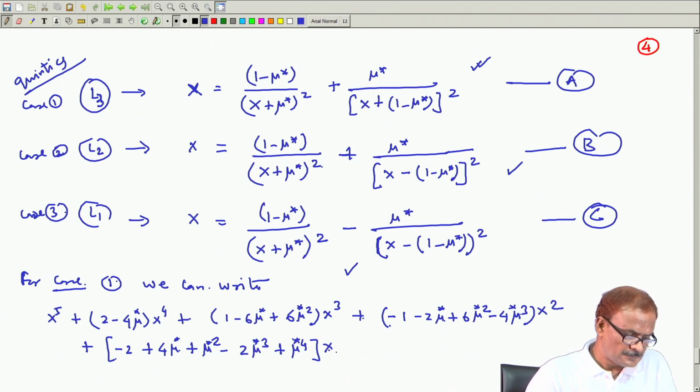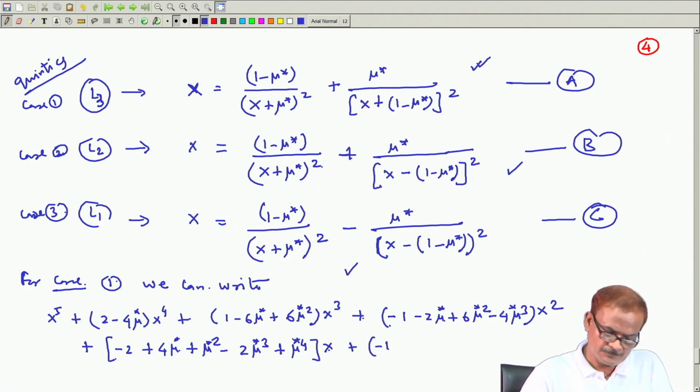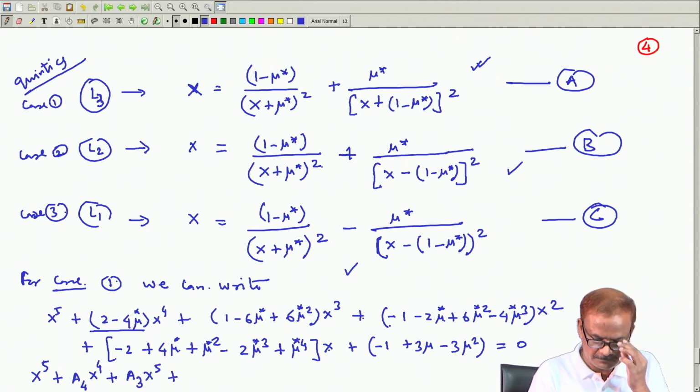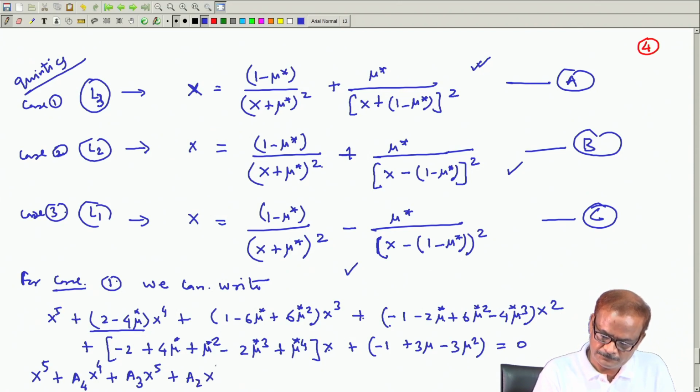Times 6, and the last term will be plus. Therefore, this equation can be written as x to the power 5, and this coefficient I will name as a to the power 4, a to the power 3.